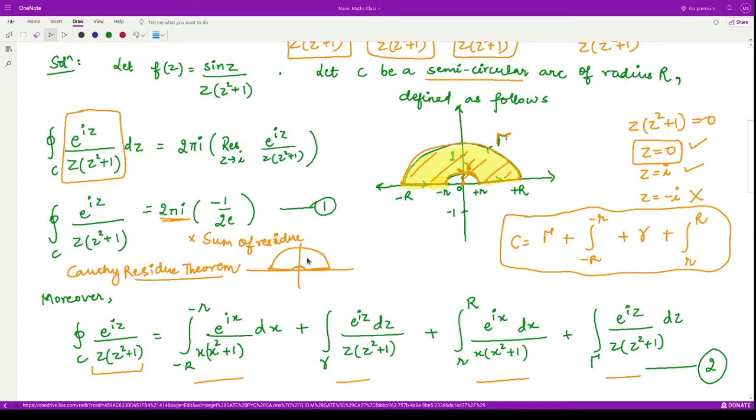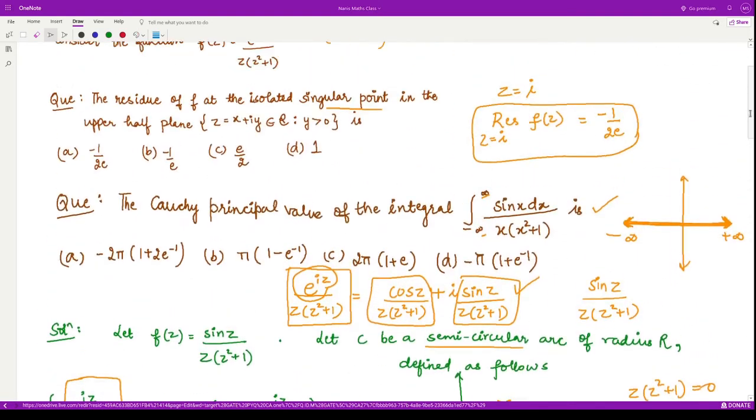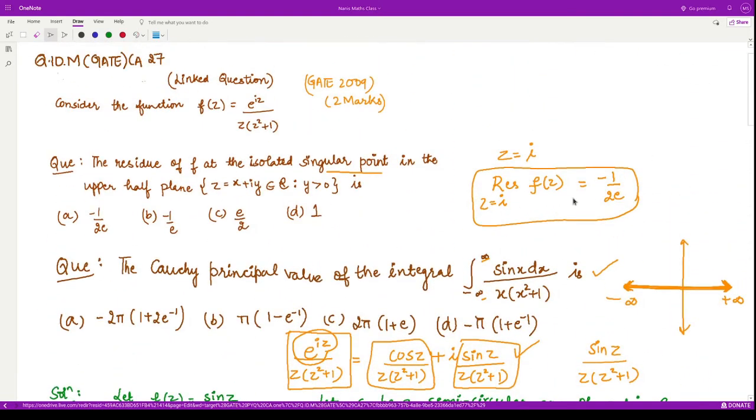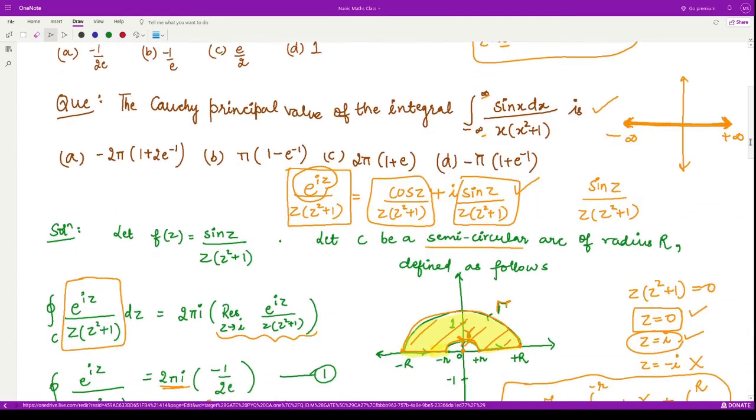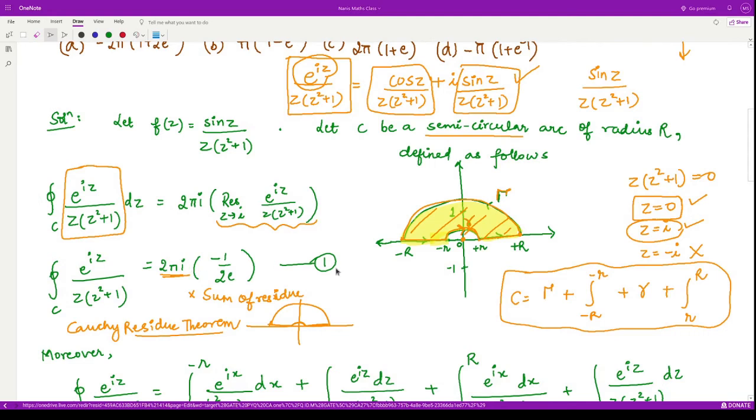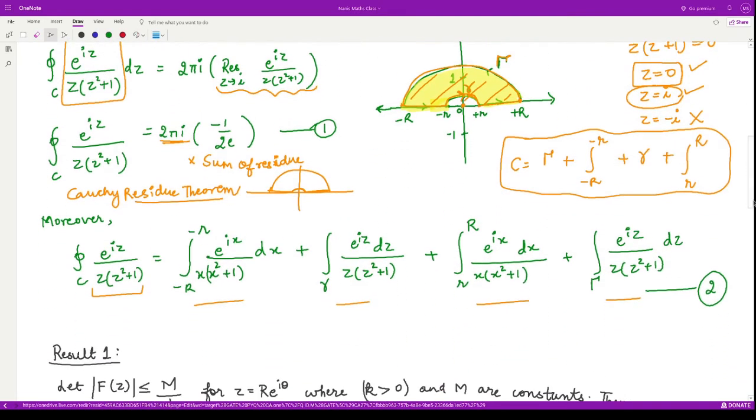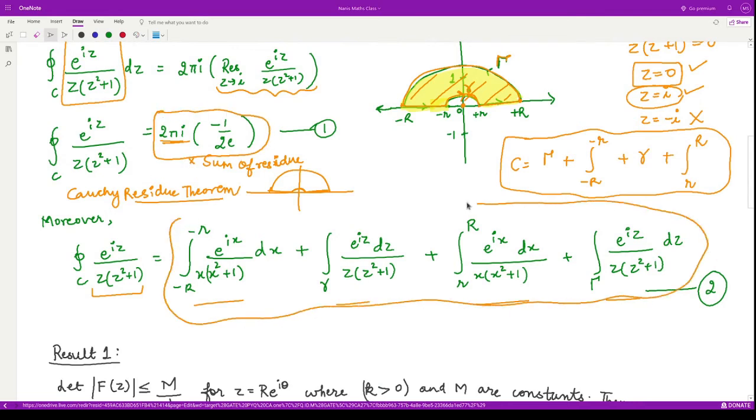Here we only have the singularity at z equal to iota, so we calculate the residue at z equal to iota. Using the previous part, we have already calculated the residue of this function at the point iota, and that value is minus 1 upon 2e. So we have just substituted the value. From 1 and 2, you can equate this whole thing to this whole thing, and now we can evaluate this.